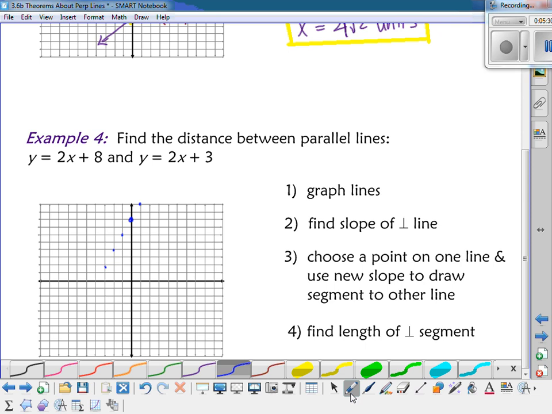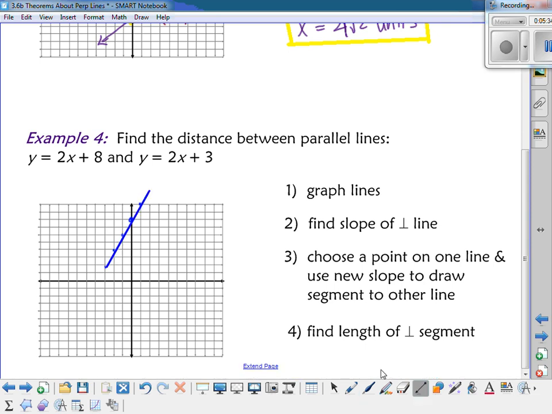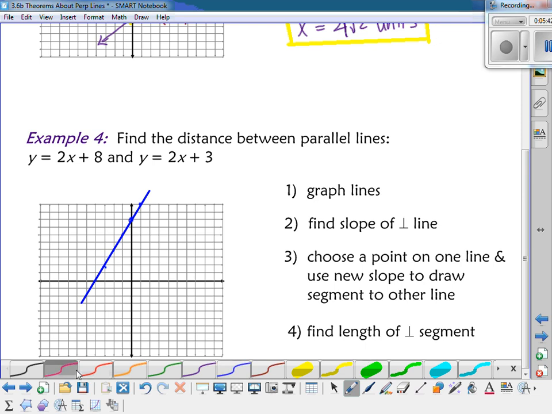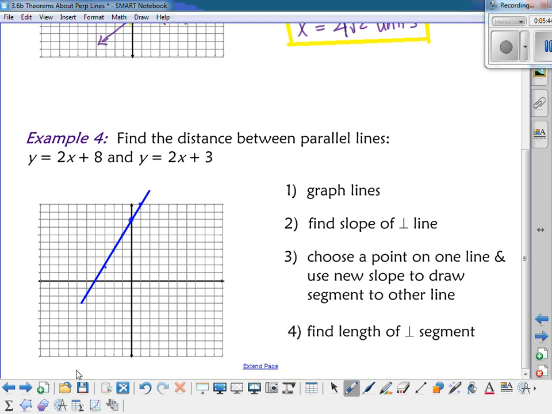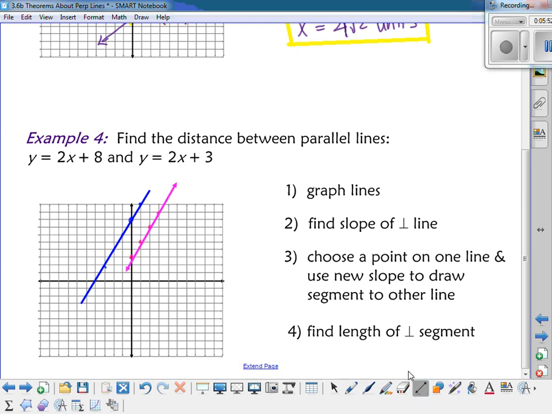So I'm going to go ahead and draw the line here. Okay, and then the second line is at positive 3, same slope, up 2 over 1. So I can draw that line. Okay, so there are my parallel lines.